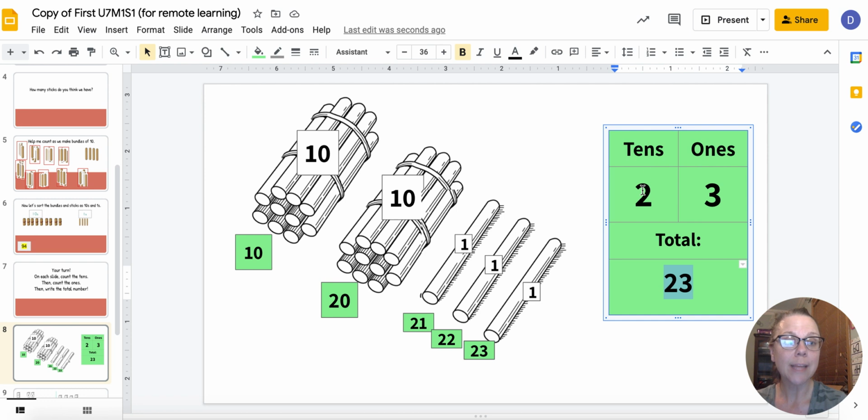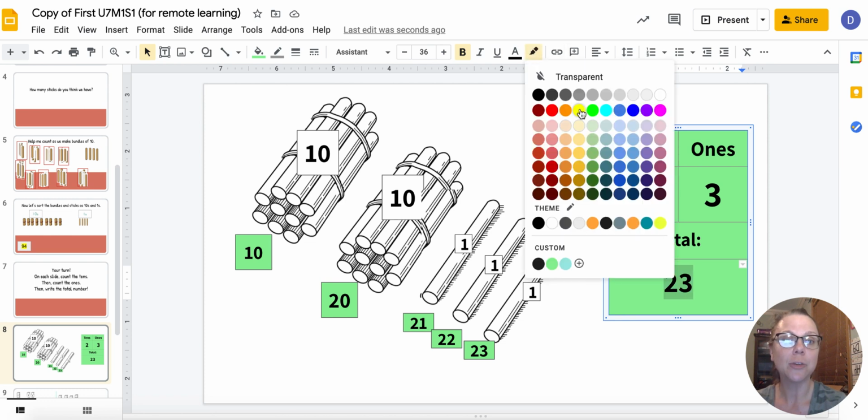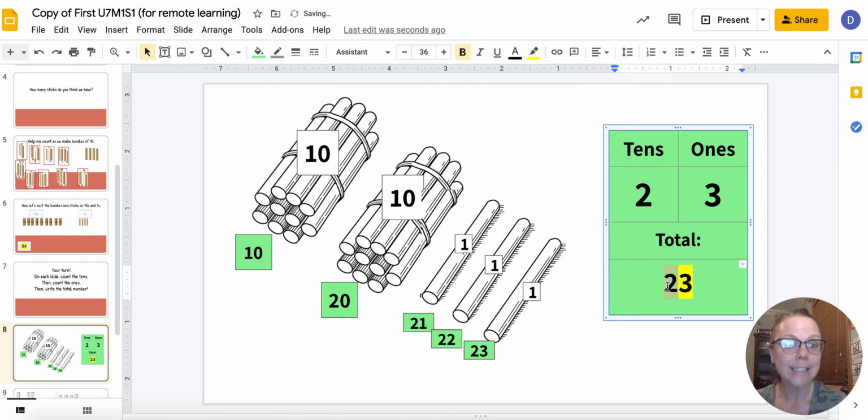Do you notice that my tens and my ones, 23, also make 23 down here? Yeah, it matches. 23, and I'm going to highlight it here so you can see it, means 2 tens and 3 ones, which is just like what we talked about in Number Corner last month too. 2 tens and 3 ones, 23.